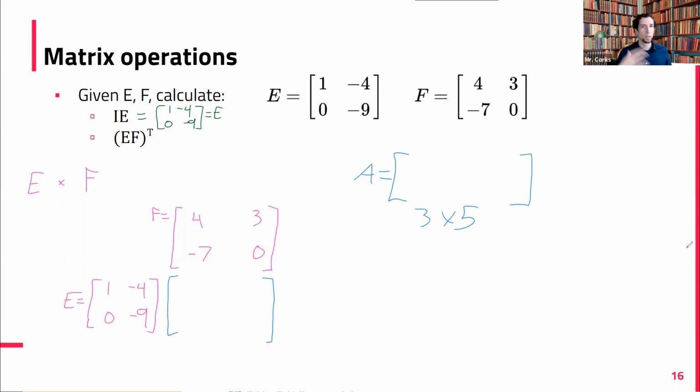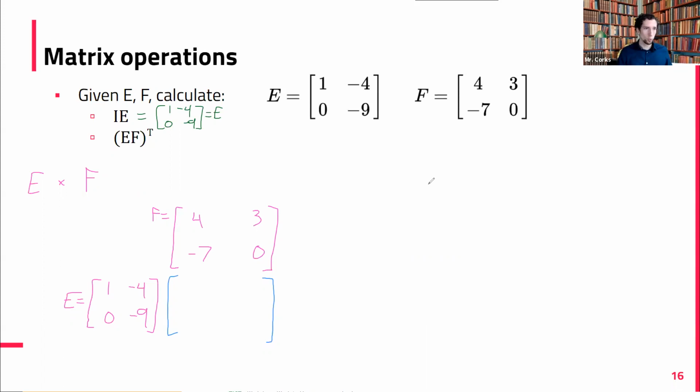So null can have any dimensions at all, it just matches up with whatever you're adding or subtracting it to. So identity must be square, null can have any dimensions.